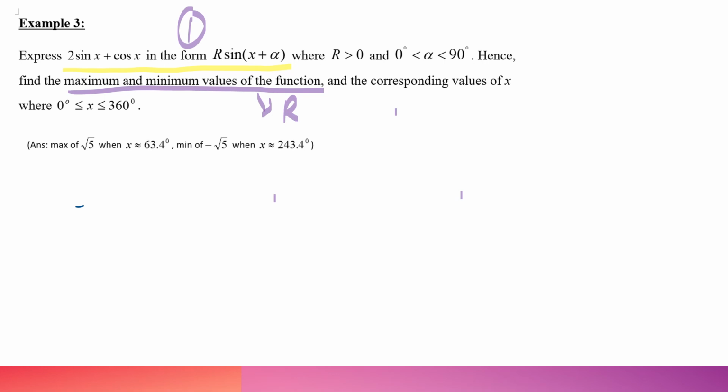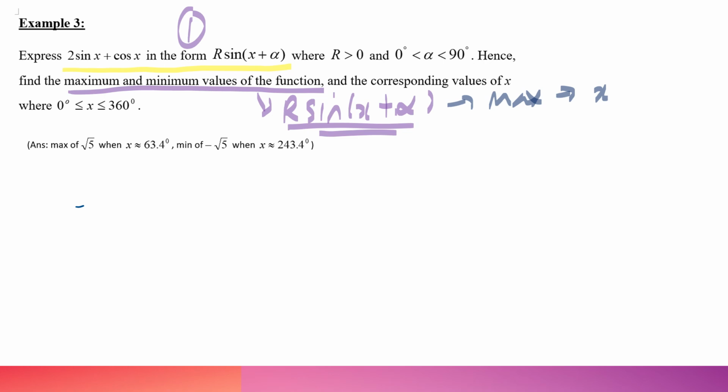After you found the values of r and alpha, this is your function, so you have to find the maximum and minimum values of that function. Then the third mission, after deciding the maximum value, is to find the values of x.